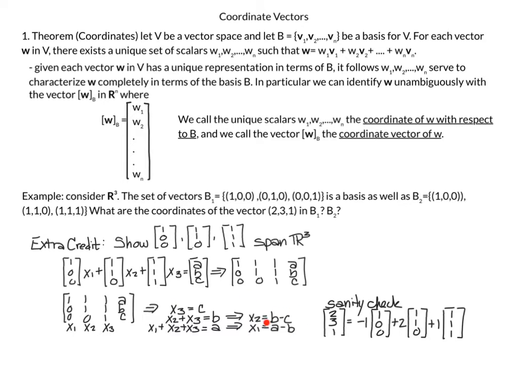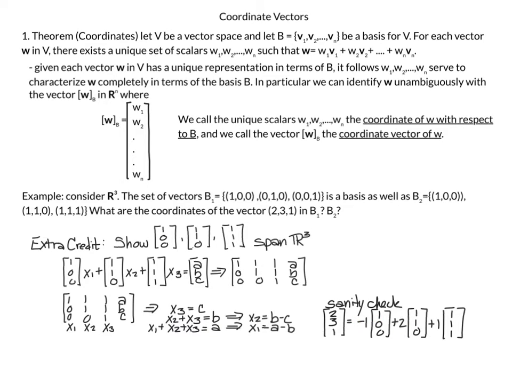So these are our three coefficients that we would use if we needed to write (a, b, c), some random vector in R3, as a linear combination of these basis vectors. And I did a little sanity check, and again, this is not any kind of proof, but just something to make me feel like maybe my solution is correct. I used the vector (2, 3, 1). x1 is equal to a minus b, which would give me -1 in front of my (1, 0, 0) vector.